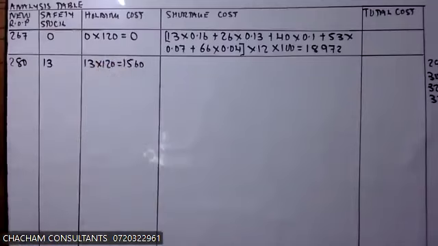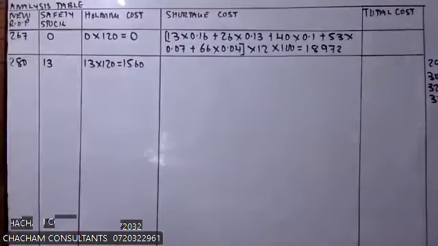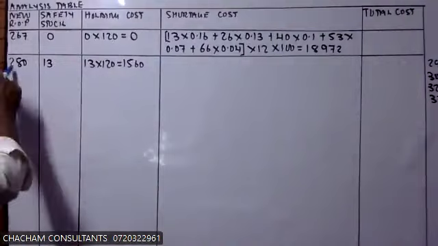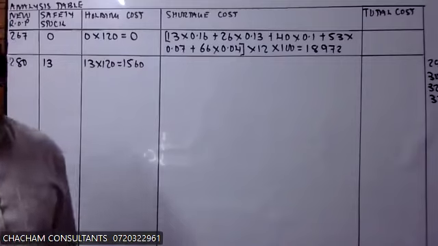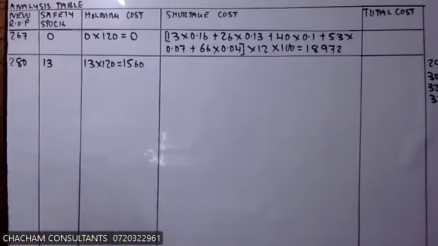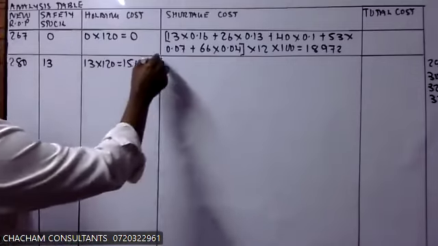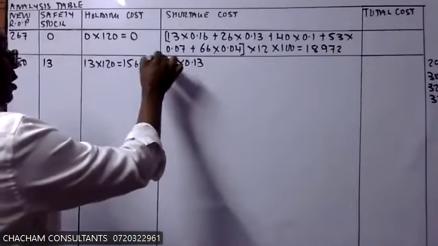You can only now be out of stock if you happen to go beyond that. And the first point you stop is at 293. So if you have 280 and 293 customers come, you report a shortage of 13. And the probability of happening is 0.13.